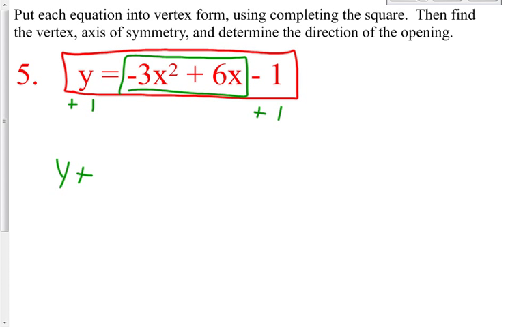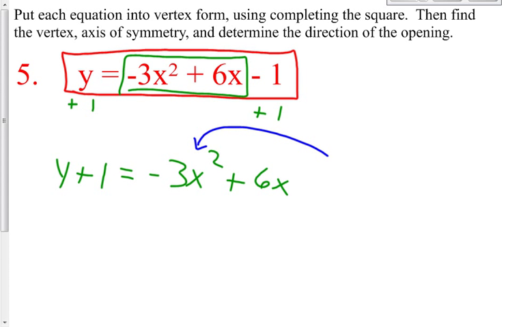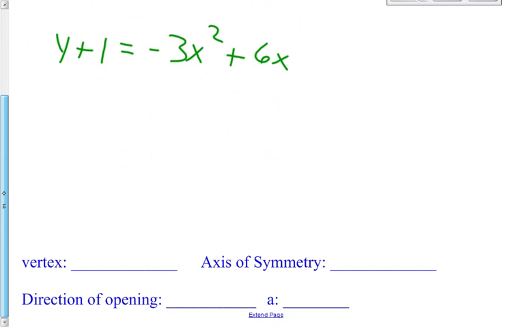Y plus 1 equals negative 3x squared plus 6x. In order to complete the square, I have to have a positive 1 as my coefficient in front of x squared. So I have to factor out that negative 3. So I'm going to have a negative 3 times the quantity x squared.